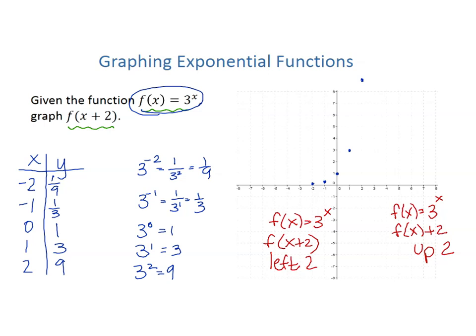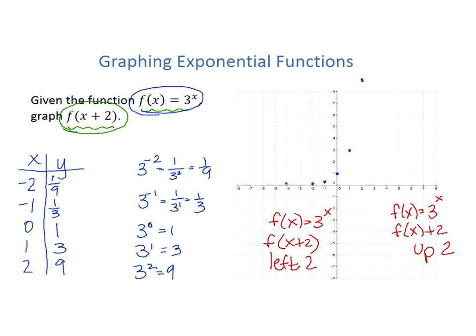So that means that we've got to take all of these points that we plotted and shift them 2 to the left. So let's do that. So now I'm graphing this one, and because it's x plus 2, that plus 2 is in the exponent, then I have to shift 2 to the left.